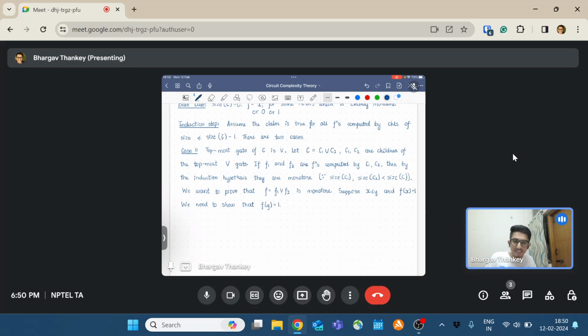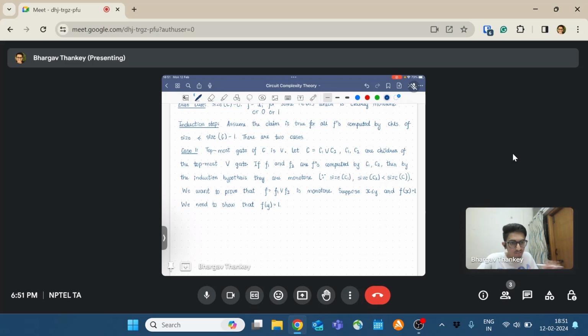For any x with f of x equal to 1, we need to show that f of y is 1. How are you going to go from f of x to f1 of x or f2 of x? That's very simple, right? So f is f1 OR f2.